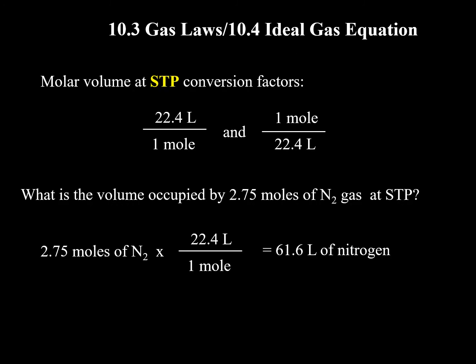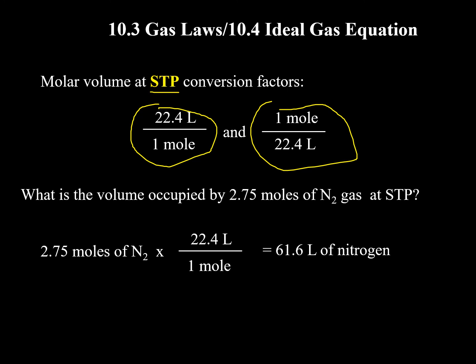So our conversion factor at STP, again, remember you have to be at standard temperature and pressure, when the temperature is 273 Kelvin and the pressure is 1 atmosphere, is 22.4 liters for every 1 mole, or 1 mole for every 22.4 liters.